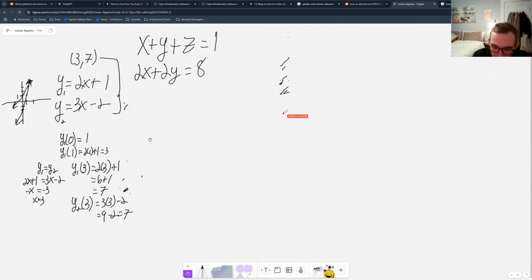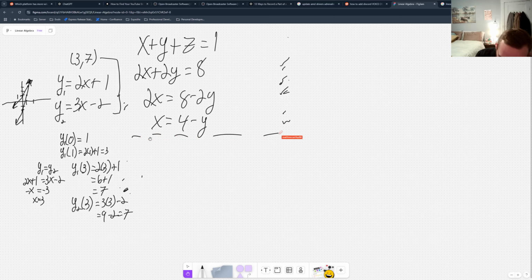That's kind of the way we would go about it. And so then we would say, okay, 2x equals 8 minus 2y, right? And then x would be equal to 4 minus y, which could be fine if we had enough equations, but I'll just show you what happens, right? So now we're going to substitute x in here, right?